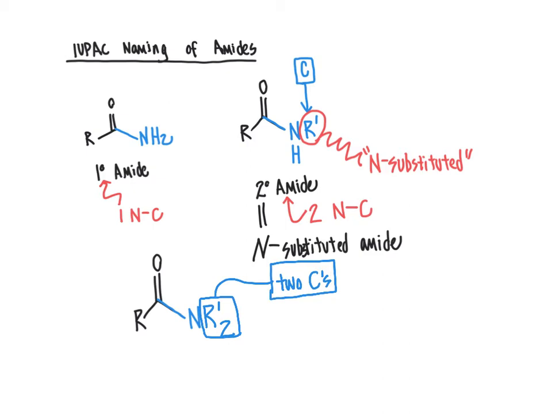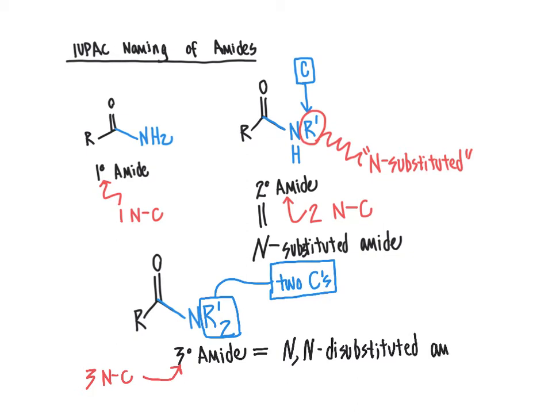And so this is referred to as a tertiary amide because the nitrogen atom has three nitrogen-carbon bonds, and synonymous to that, it's referred to as an N,N-disubstituted amide. That's referring to the fact that this nitrogen is directly bonded to two carbons other than the carbonyl group.